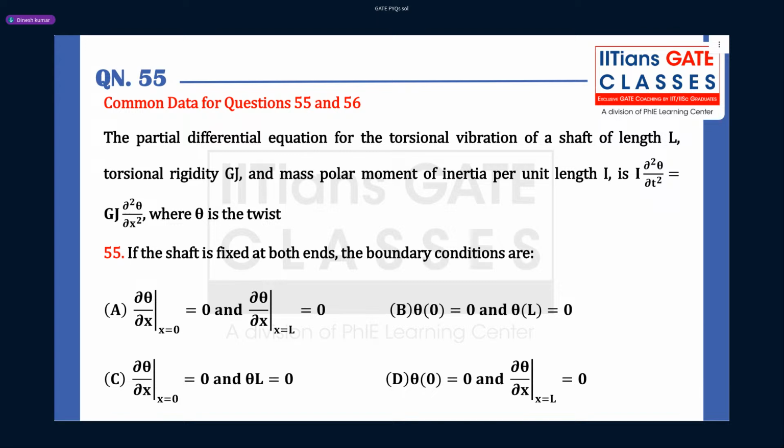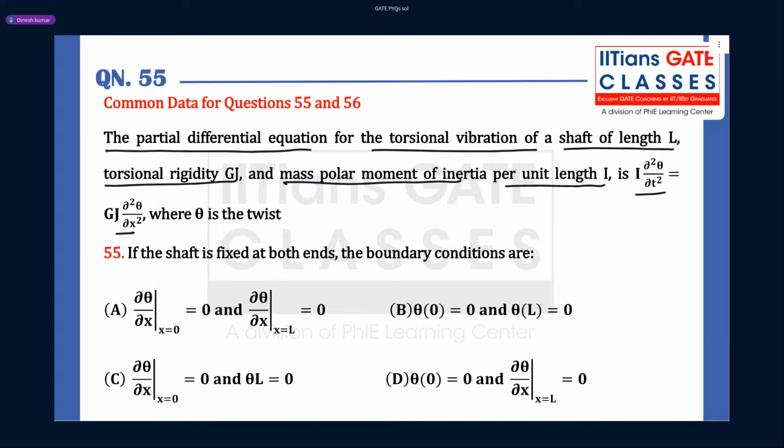So read this question. This question is from mechanical vibration of continuous systems. The partial differential equation for the torsional vibration of a shaft of length L, torsional rigidity GJ, and mass polar moment of inertia per unit length I is I ∂²θ/∂t² equal to GJ ∂²θ/∂x².